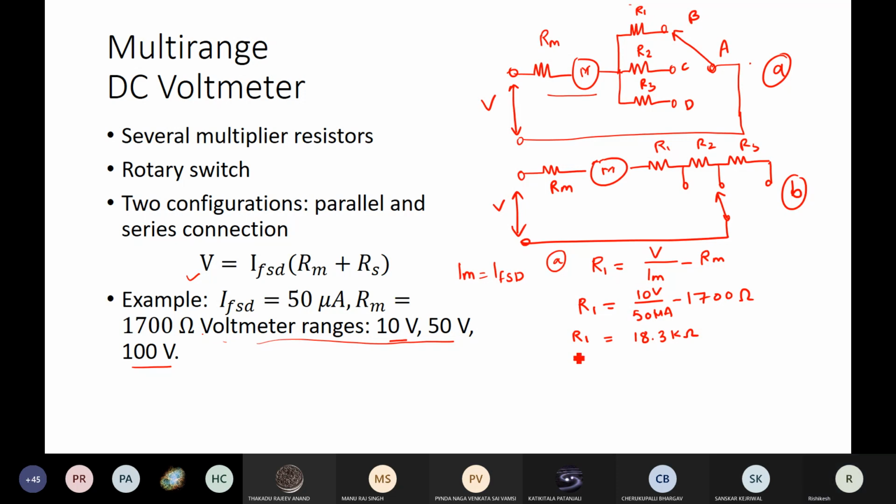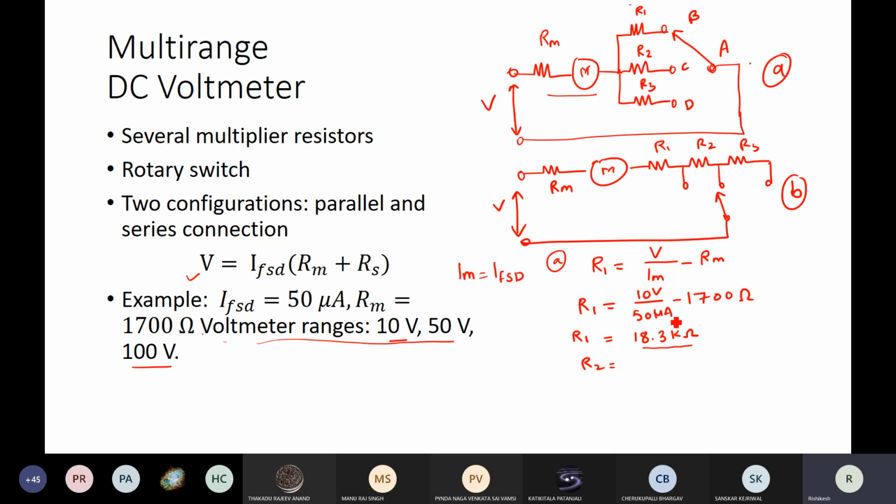Similarly, substitute 50 volts here to calculate R2. Will it be this small?